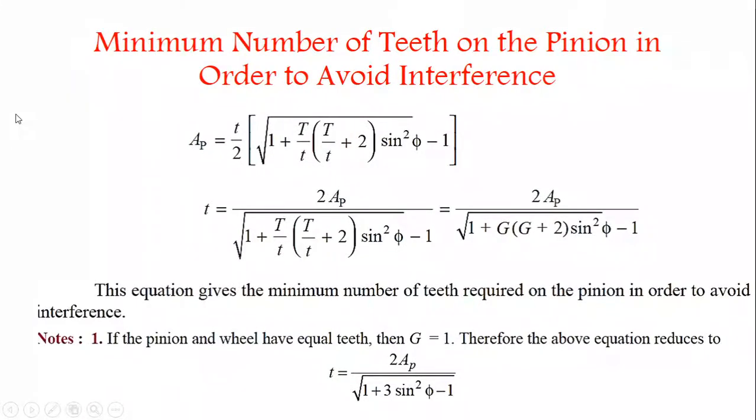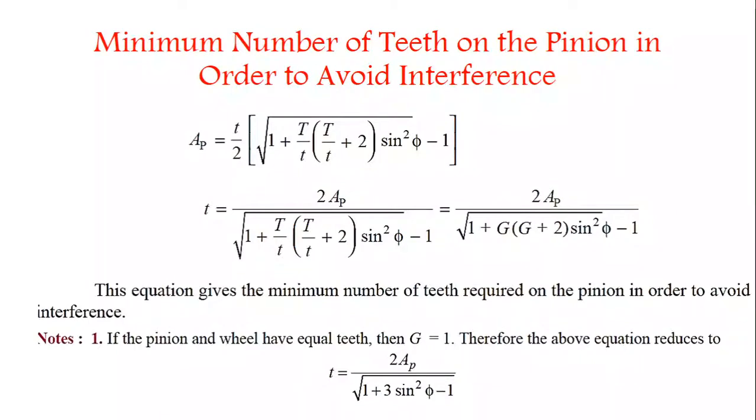The first was already discussed in the previous video. Here this is the second method used to avoid the interference of the gear teeth. We will maintain the minimum number of teeth on the gear and pinion. We will avoid the interference of the gear wheel and undercut in the gear root or pinion root.